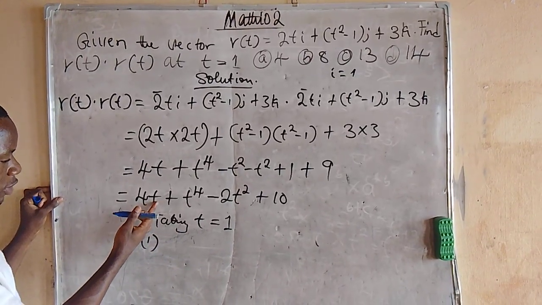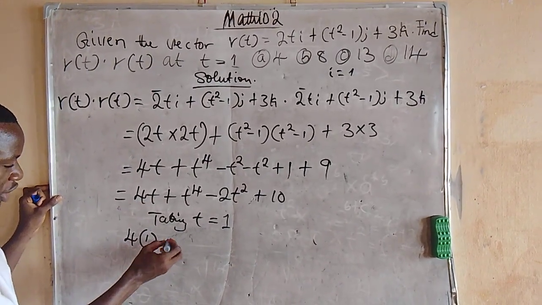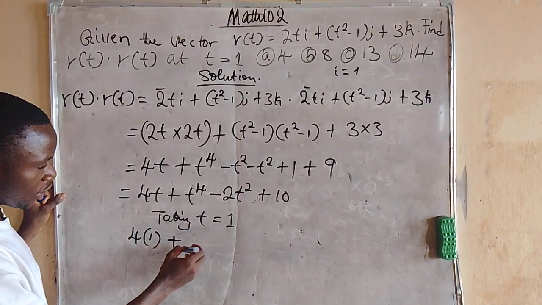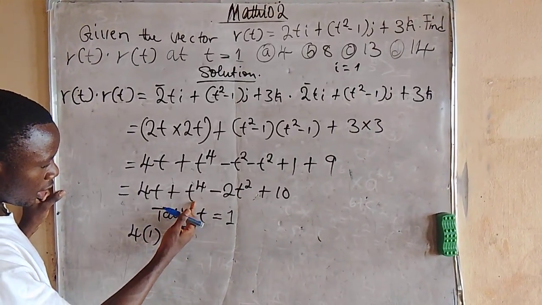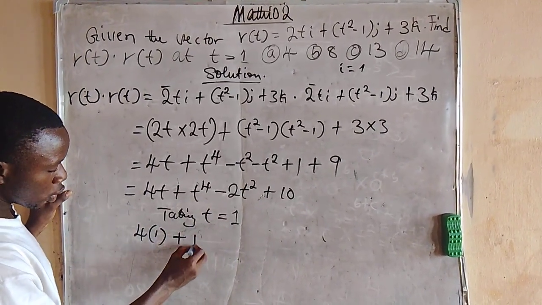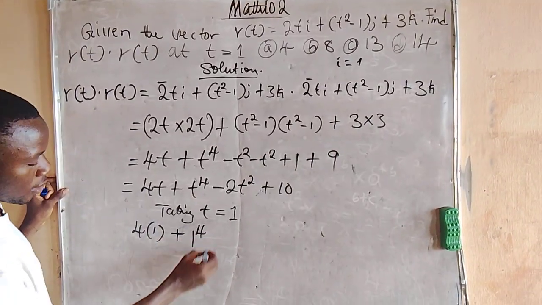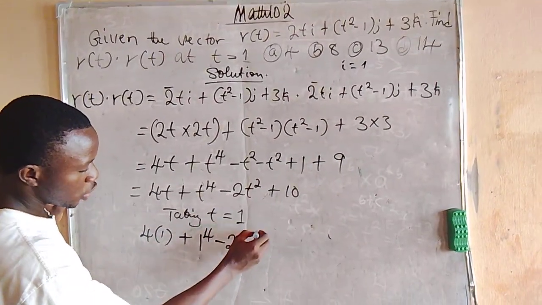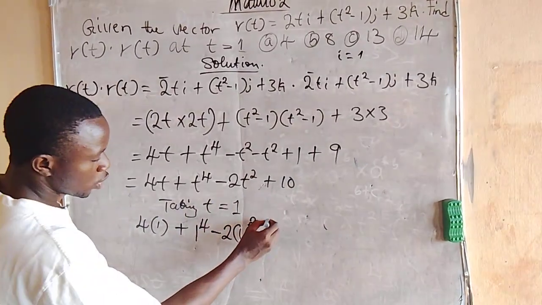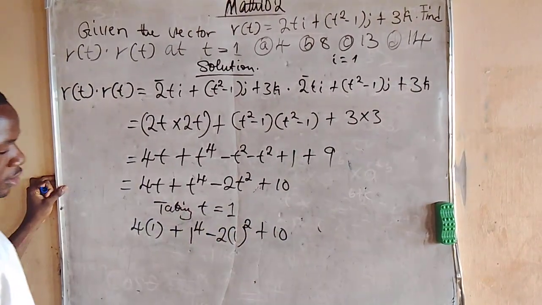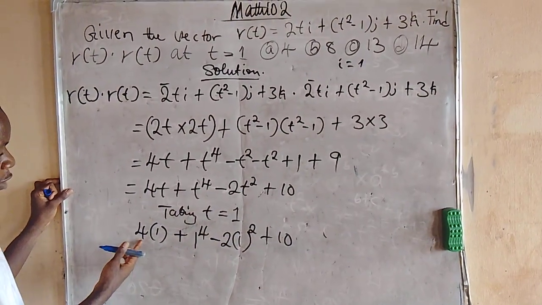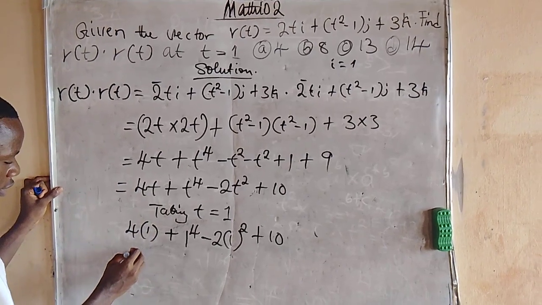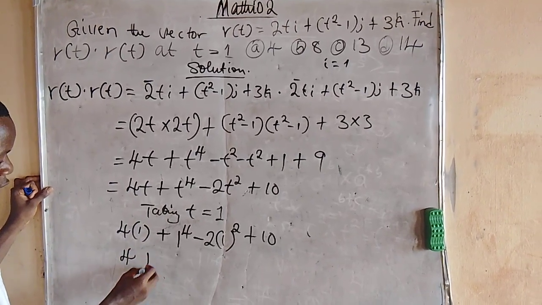So this is 4 multiplied by 1, so we have 4 here. Plus we have t, the value of t is 1, so this is 1 raised to power of 4, minus 2 into 1 raised to power of 2, plus 10.